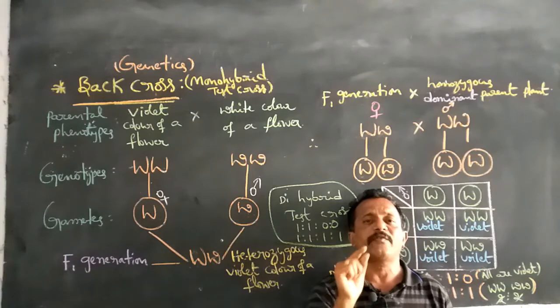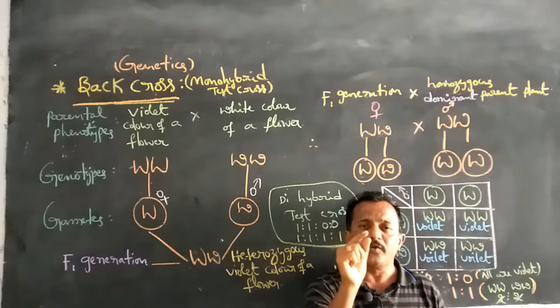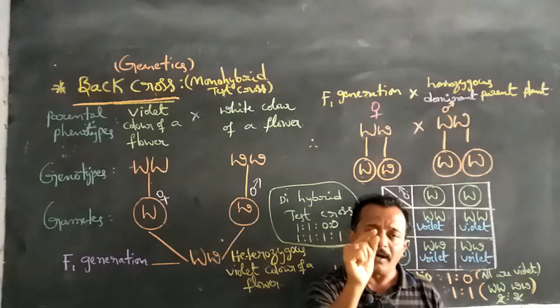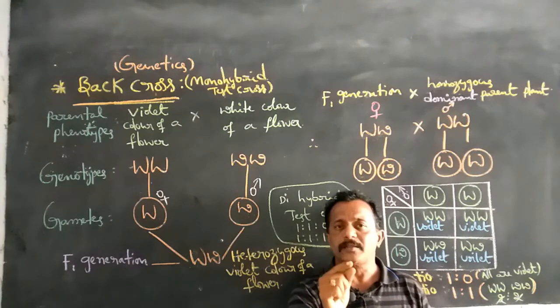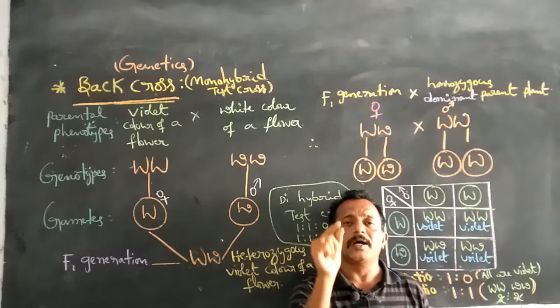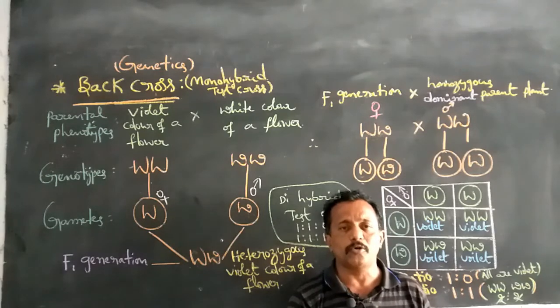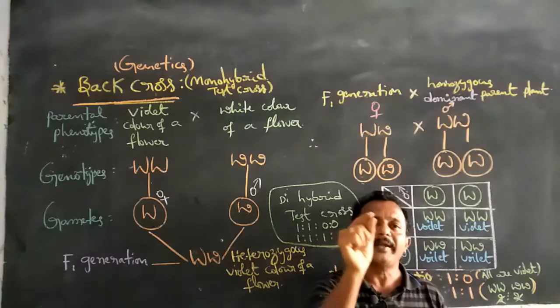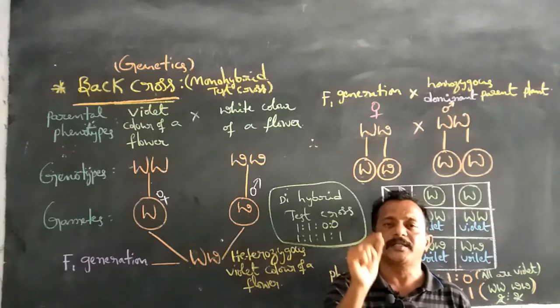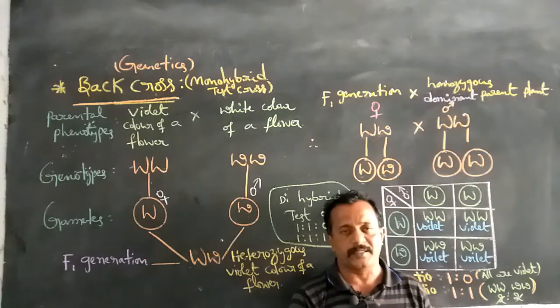Or another definition: the F1 generation or heterozygous plants crossed with the homozygous dominant parent plant, that is named as back cross.